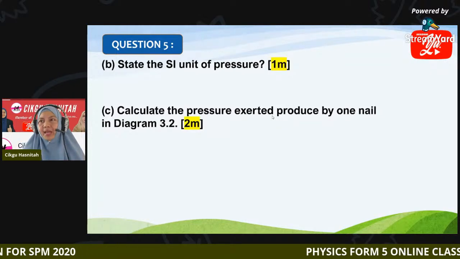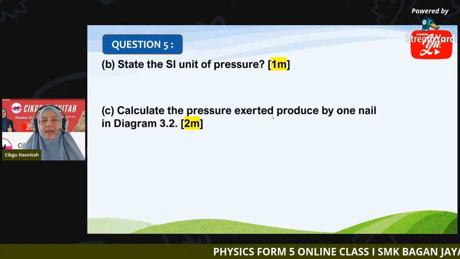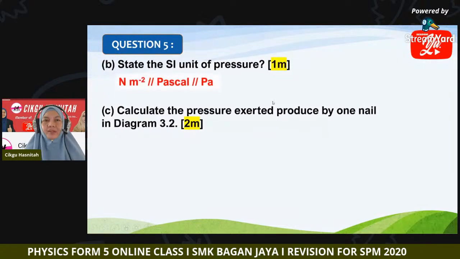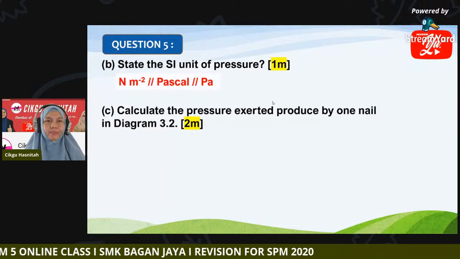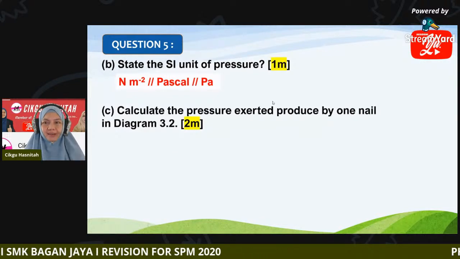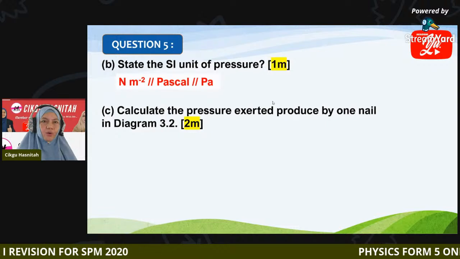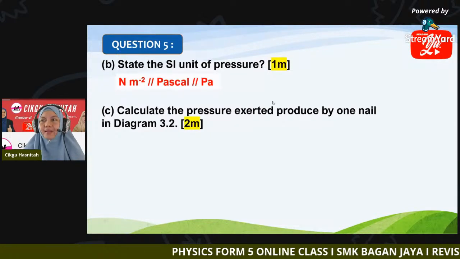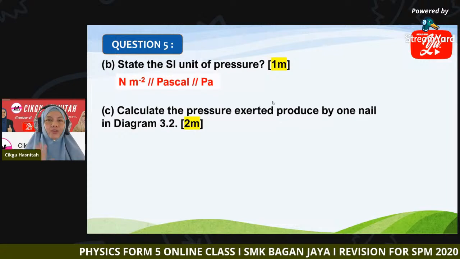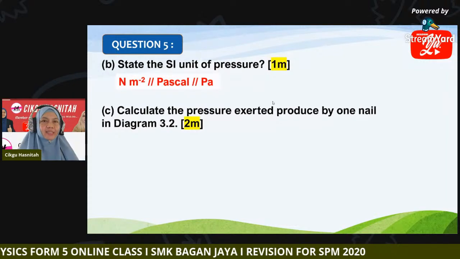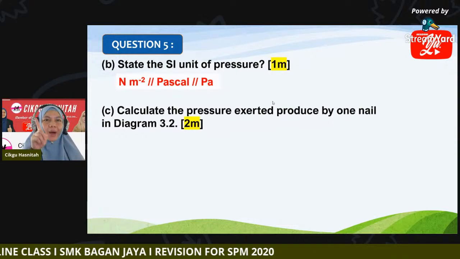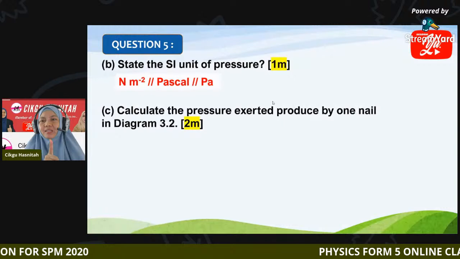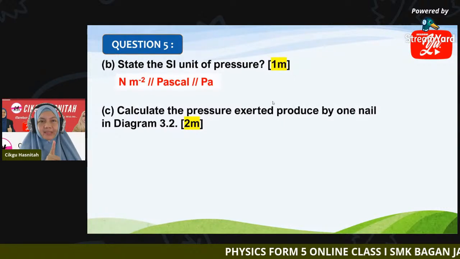Now B, what is the SI unit for pressure? Yes, it is measured in the unit of Newton per meter squared or Pascal. Pascal or Newton per meter square. Now C, you have to calculate the pressure produced by one nail in diagram 3.2. Yes, Pascal, Eugene. It is Pascal.